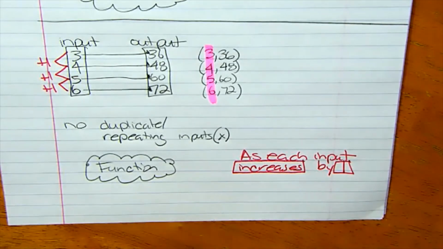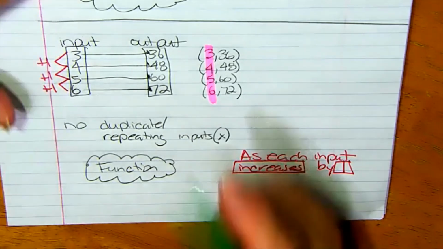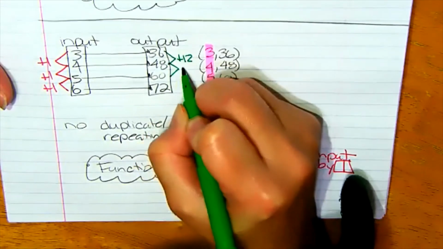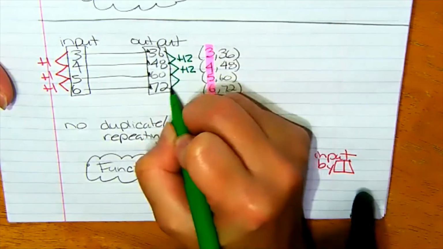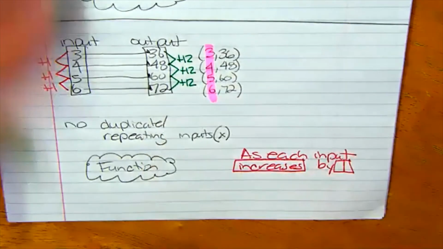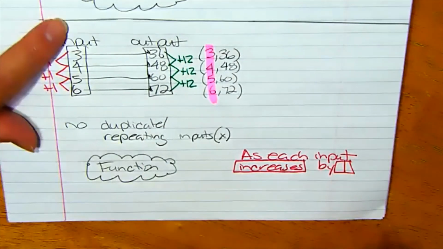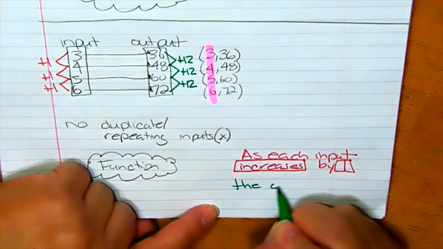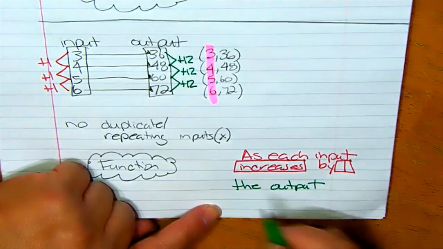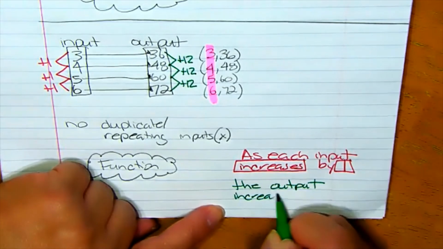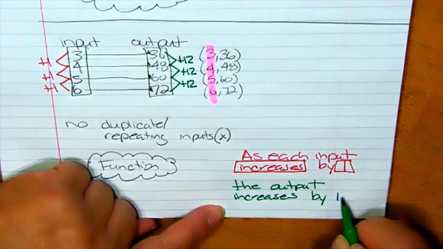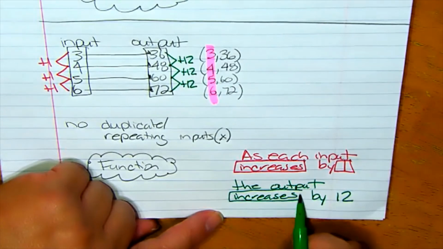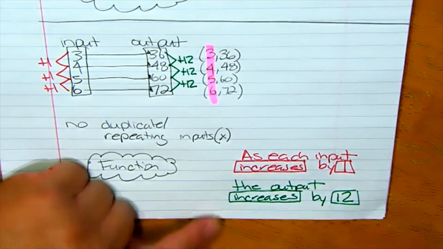Let's take a look at what our outputs are doing. 36 to 48, 48 to 60, and 60 to 72. So as each input increases by 1, the output increases by 12. So here again, this will either be increases or decreases, and by how many?